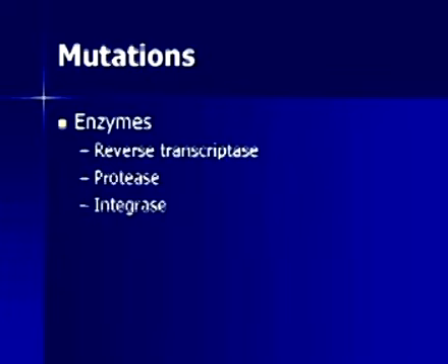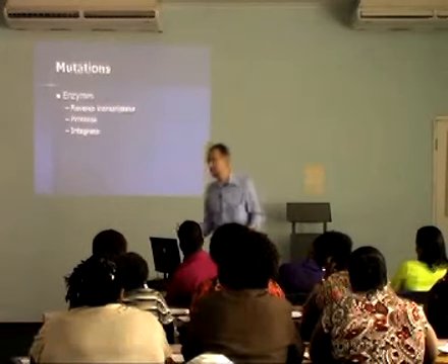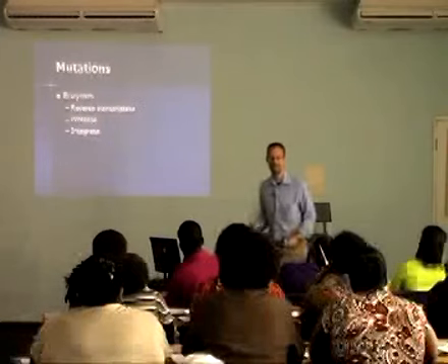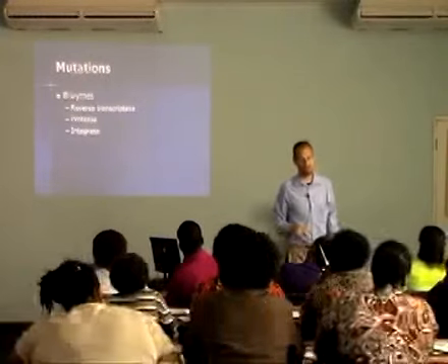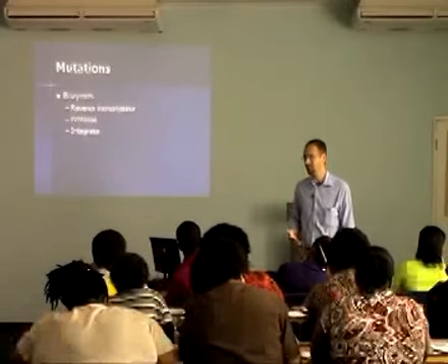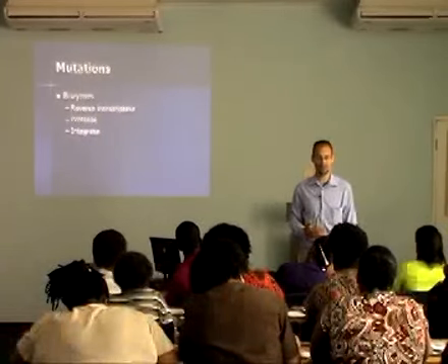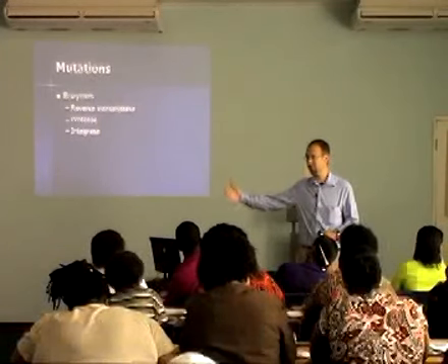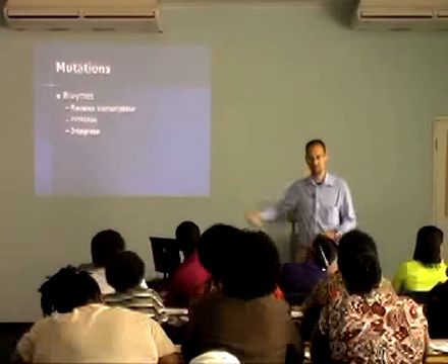So if we can break one of these machines, if we can dismantle one of these machines, if we could stop one of these machines from working, the virus can't make more of itself. So these are what we target with antiretroviral therapy. Because if we can break down one of these enzymes, if we can stop one of them from working, just like stopping a machine from working on an assembly line or on a factory line, you don't get a finished product. It's the same thing with HIV.